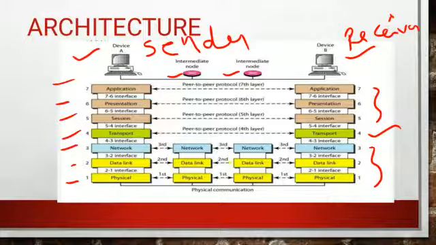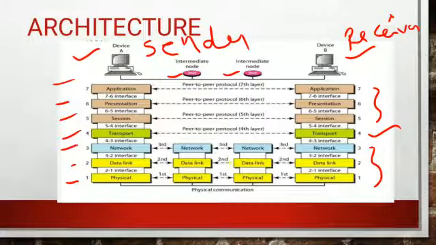In this way each and every layer does its own functionalities on that data, and after reaching the physical layer the data is in the form of binary bits, and those bits are transmitted through a channel and received by the physical layer of device B, that means the physical layer of the receiver device. From that receiver device the process continues in reverse.